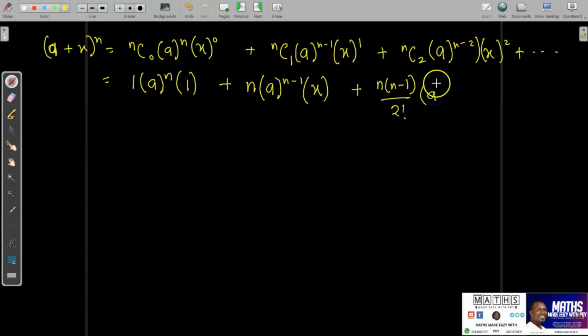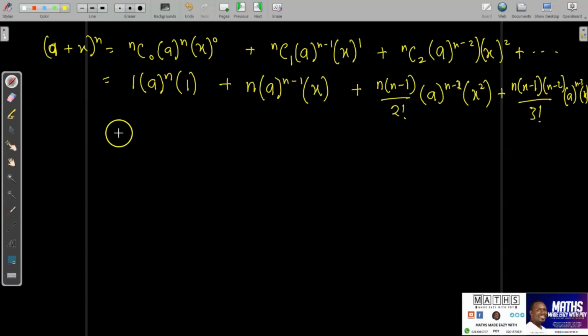Then we have a to the power n minus 2, then times x squared. If I should add the third term to it, then it's going to be n times n minus 1 times n minus 2 all over 3 factorial times a to the power n minus 3, then times x cubed.